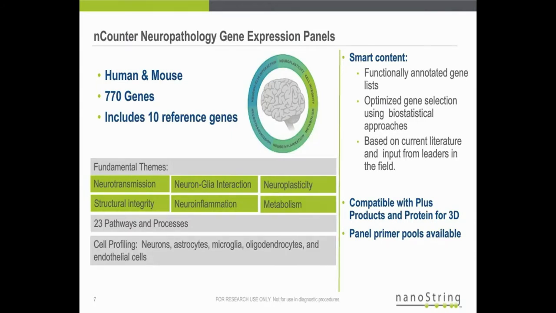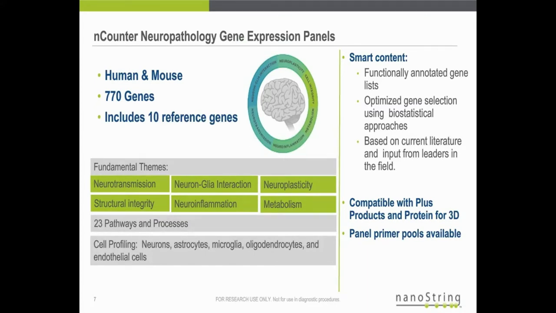And for analysis purposes, we provide functionally annotated gene lists for all of the content, which is broken down into 6 fundamental themes intended to really broadly address key topics in neurodegenerative disease research, including neurotransmission, neuron-glia interactions, neuroplasticity, structural integrity, neuroinflammation, and metabolism.